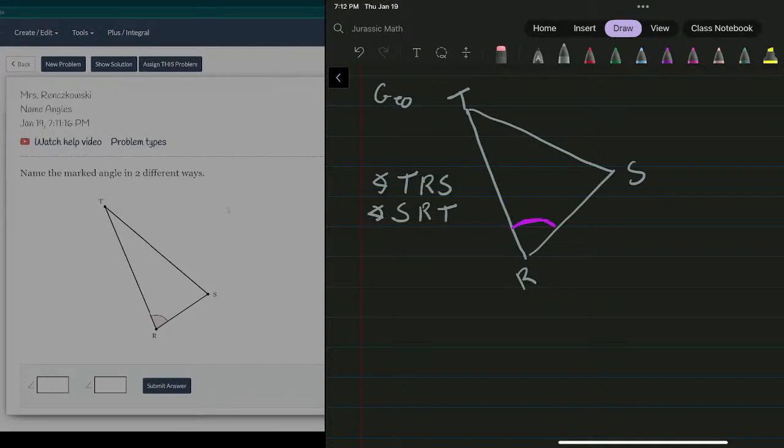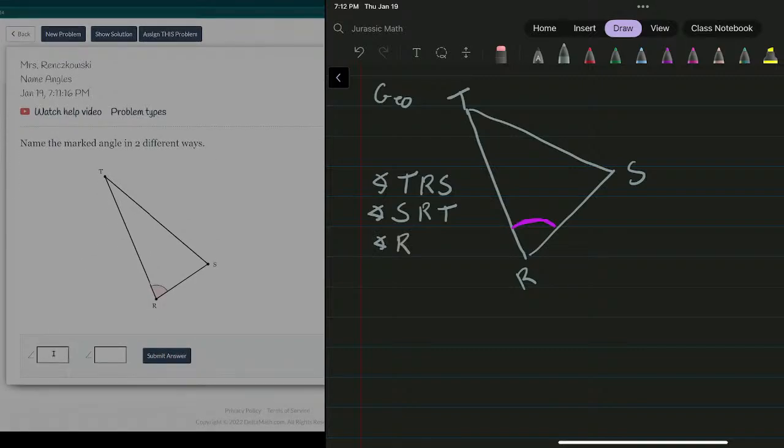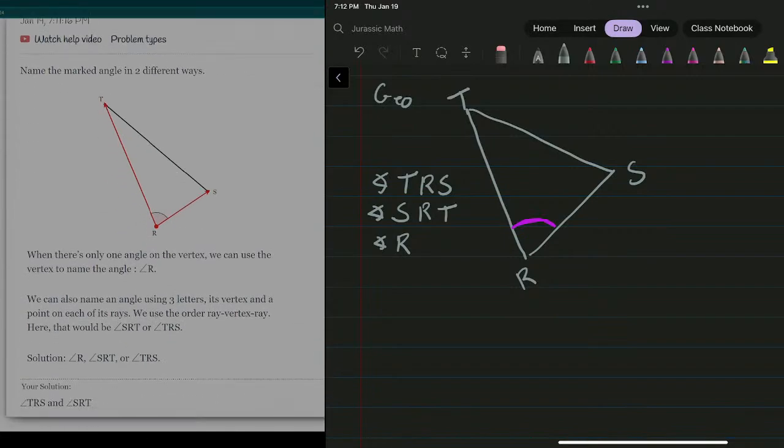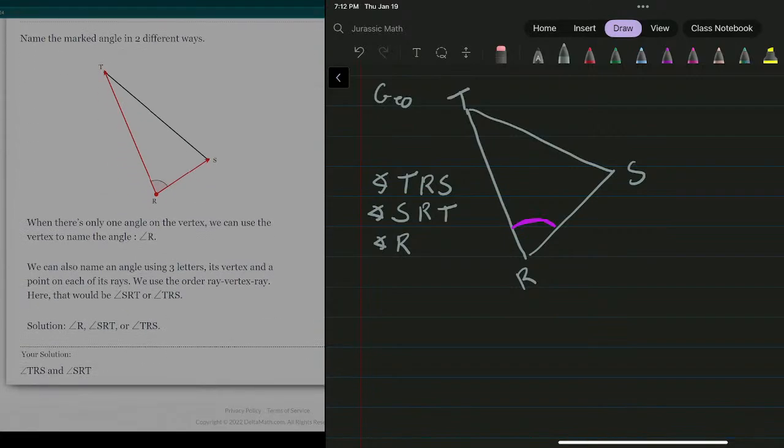And finally, because that R is completely by itself and there's only one angle there, you can also say just angle R. I'm going to go ahead and type in TR, TRS and SRT. Oh, I wonder if it's going to be upset with that too. Hit submit. And it was definitely okay with that. So they also agree that there were 3 different answers.